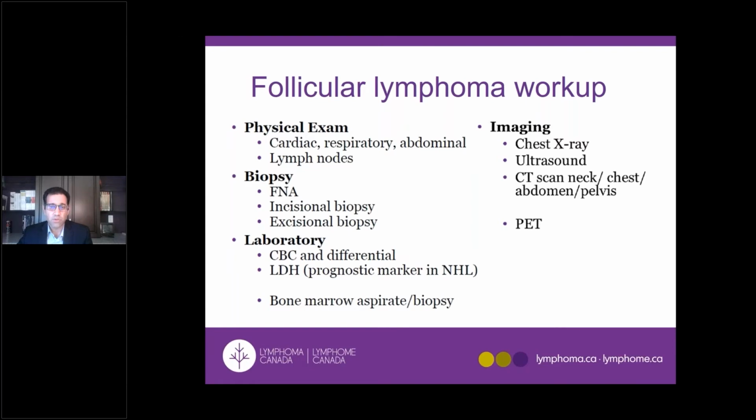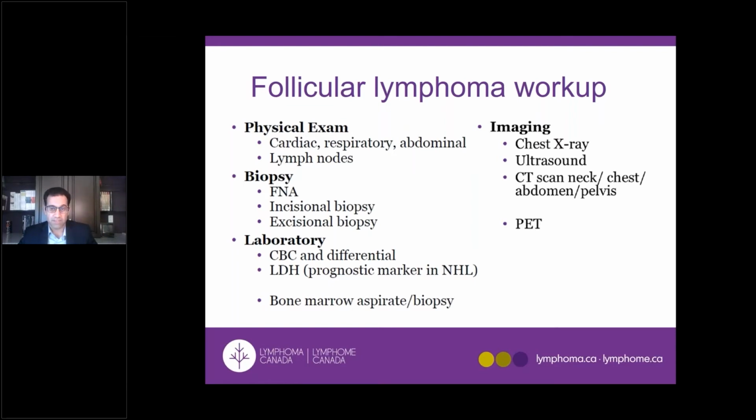PET scan, we are not very excited to do upfront for patients with follicular lymphoma. We do more CAT scans. The reason we don't do a PET scan upfront is that follicular lymphoma is a low-grade tumor, and PET scan is more accurate in highly aggressive tumors like Hodgkin lymphoma or diffuse large B-cell lymphoma. But we now do it as a routine if we are suspecting transformation, or in the case of relapse as well.